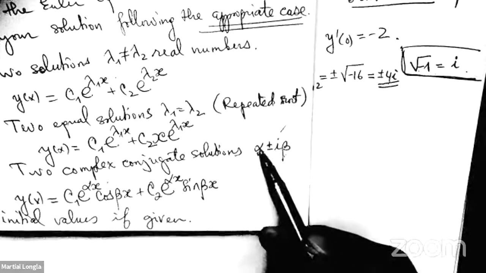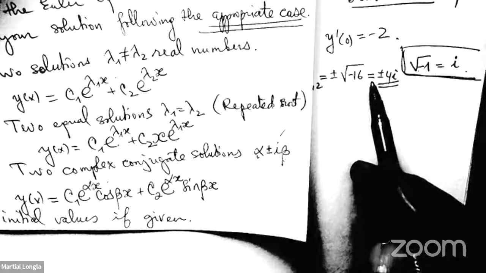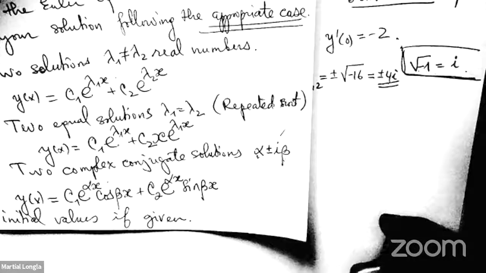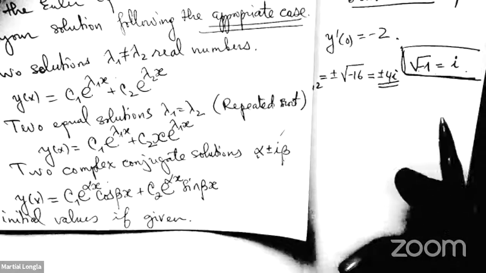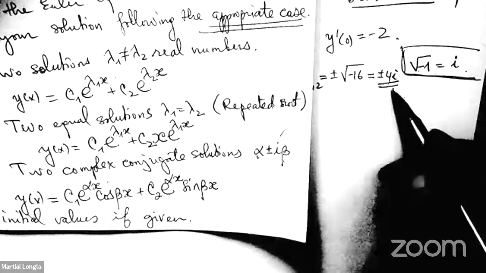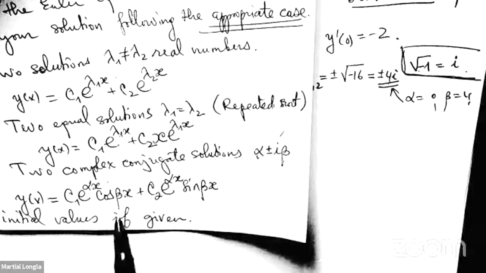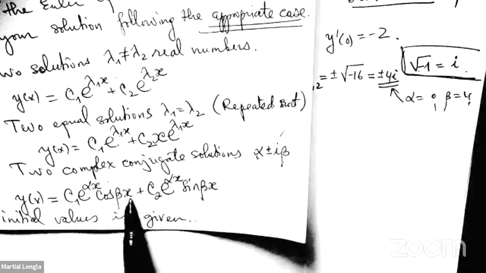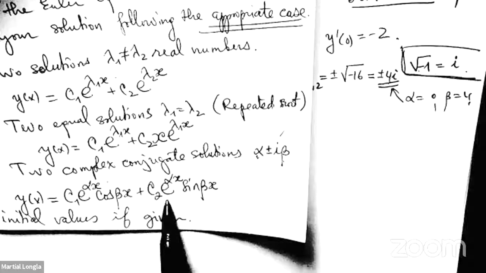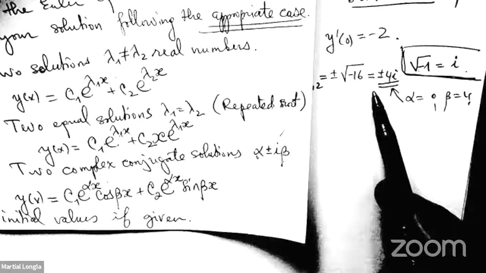That's it. Alpha is the part that comes before plus minus, nothing there, so it's 0. And plus minus 4i, so beta is 4. And that's what goes into this answer: C1 e to the alpha x cosine beta x plus C2 e to the alpha x sine of beta x. So you identify alpha and beta from the answer you get here.